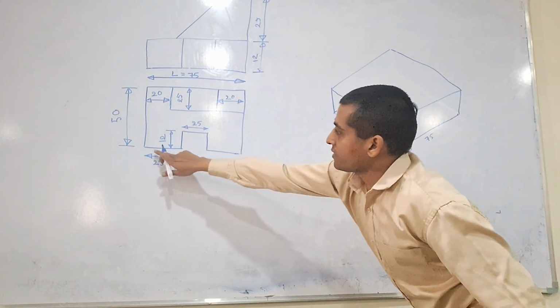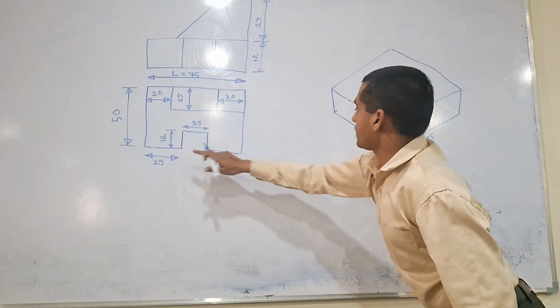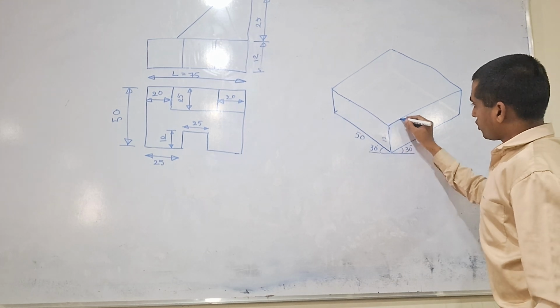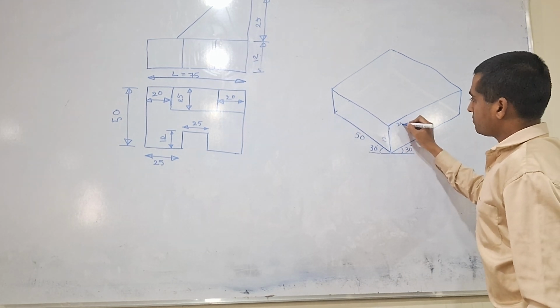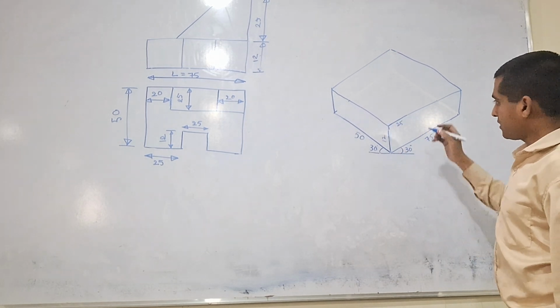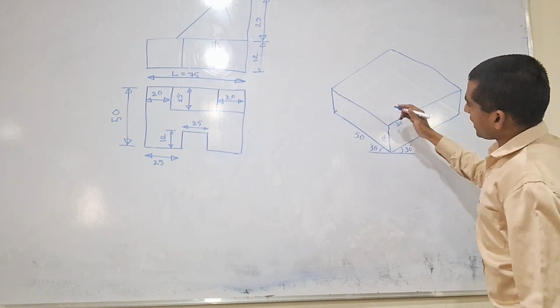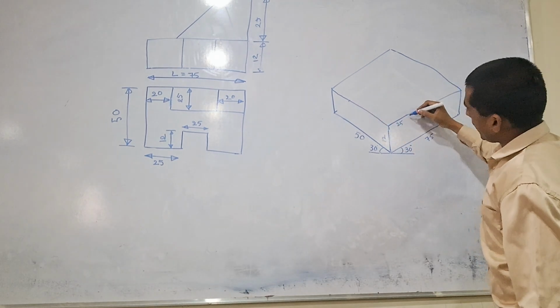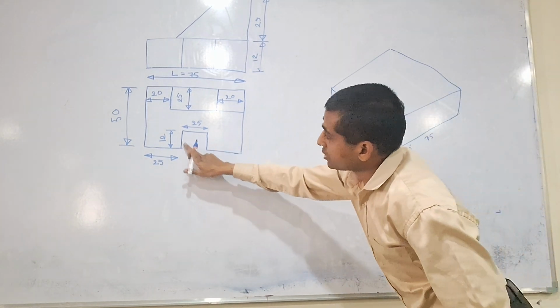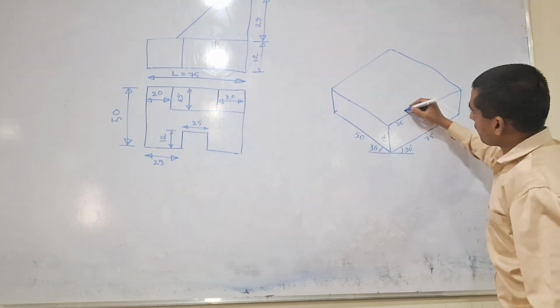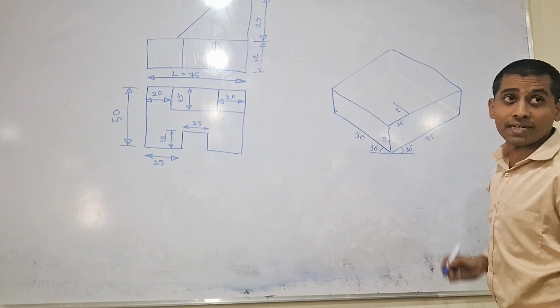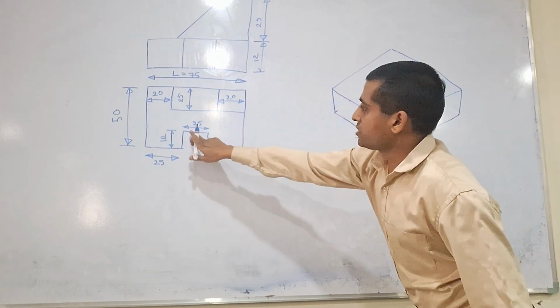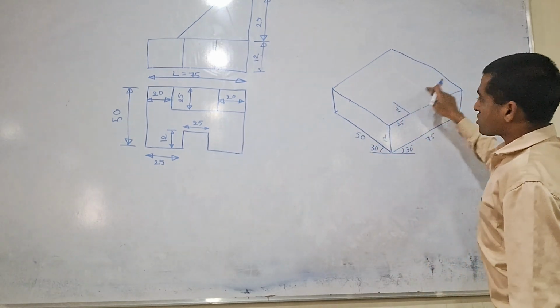See, what is this length? 25. So here I am drawing a 25 line. Is it clear? Then in this direction, I am drawing a line of length 12 mm. And this 25 I am drawing in this direction.